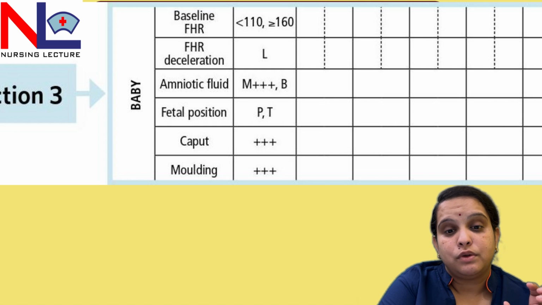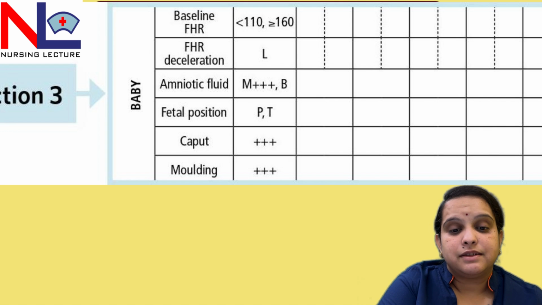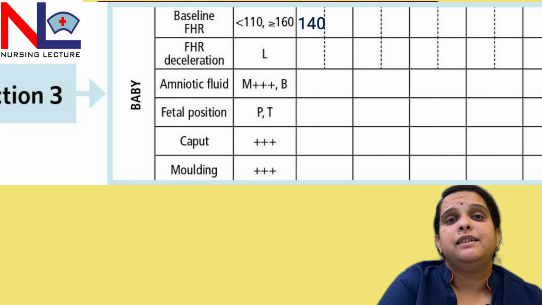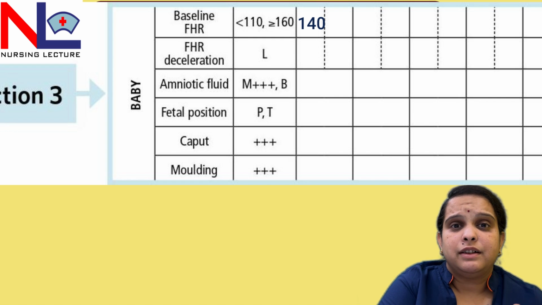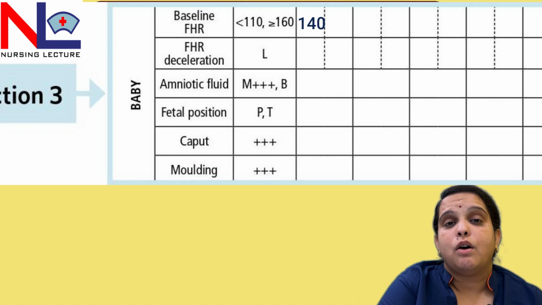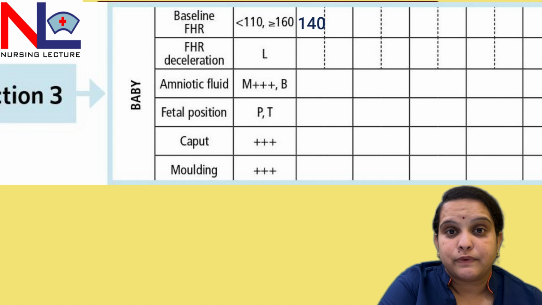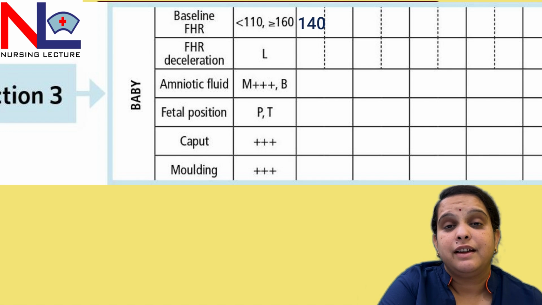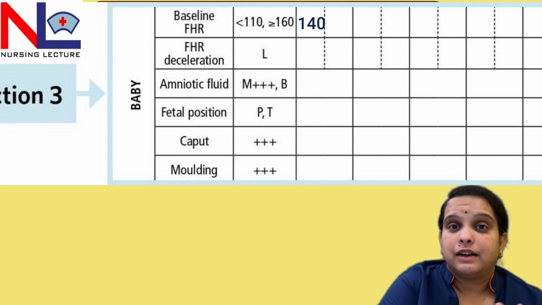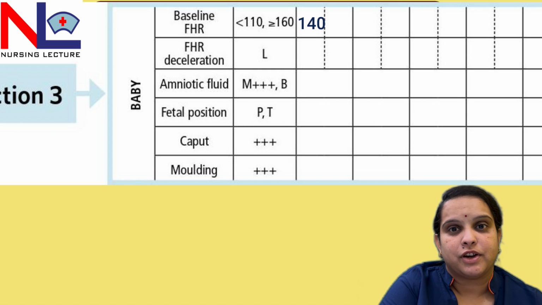So we have to record the data in a numerical way, whatever the fetal heart rate is, we have to auscultate and record it in beats per minute. The first important thing is we have to auscultate during uterine contraction, for at least 1 minute, and once the contraction has passed, for 30 seconds after that, we record the FHR.